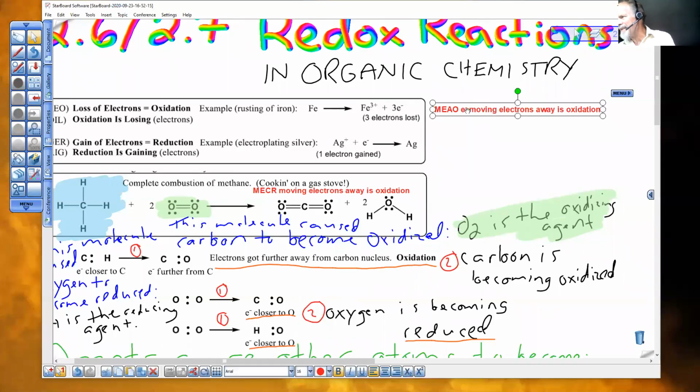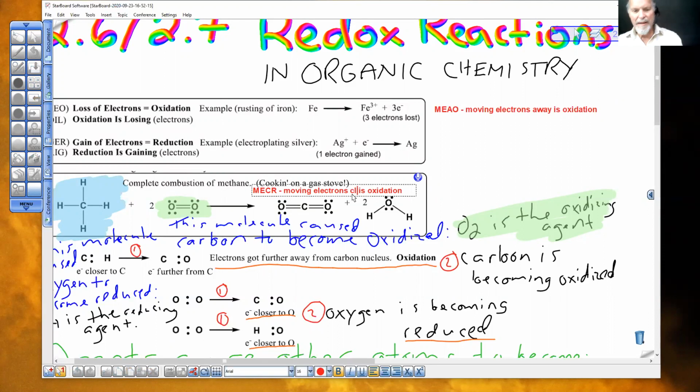It's always a battle. Someday I'll figure it out. Because I got to change this one. Moving electrons closer is reduction.